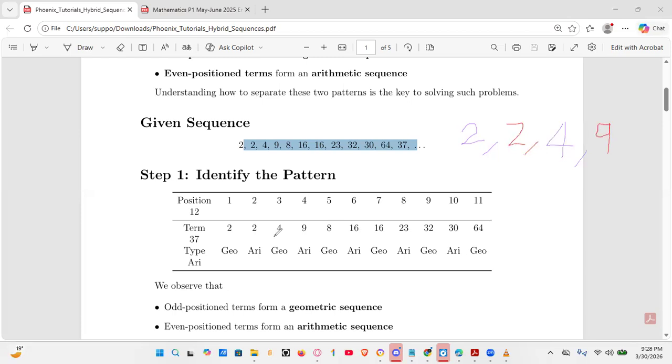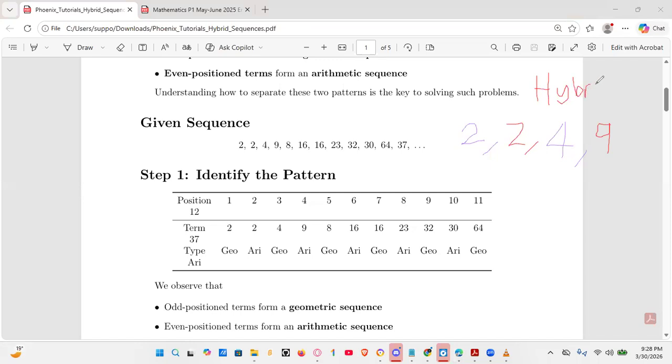So now, how do I express two formulae, one arithmetic, one geometric, for this mixed sequence? And the way that we do that is we divide by 2. Because it's a hybrid sequence, we do that by dividing by 2. So we divide by 2 for odd positions, and we divide by 2 for even positions.